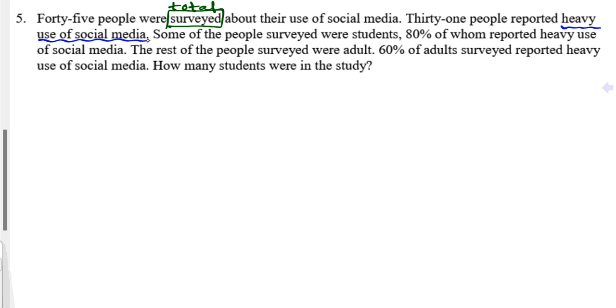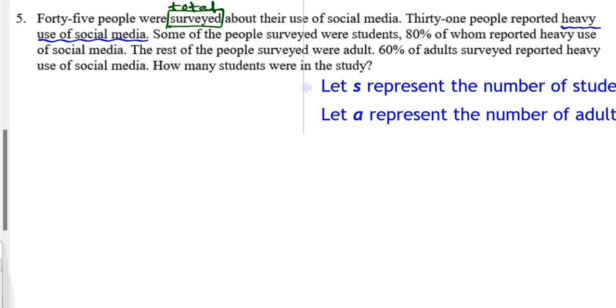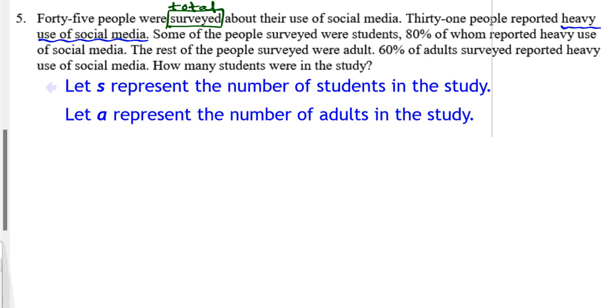So those two types of information will be what our two equations are talking about. So what we want to find is how many students were in the study. So I guess against my better judgment, I'm using S as a variable. I often confuse my S's with 5s if I'm not careful. And we're going to say A will be the number of adults that were in the study.